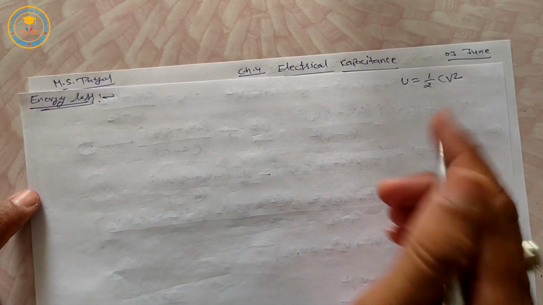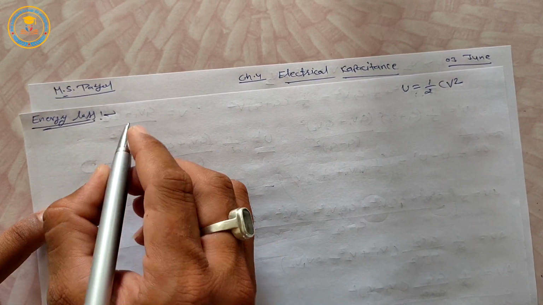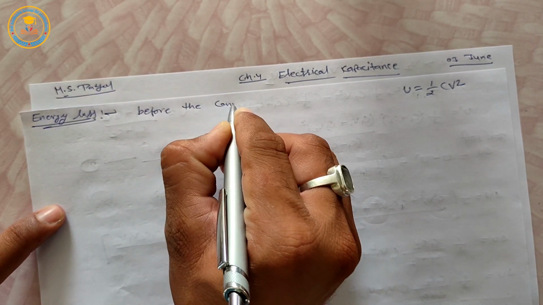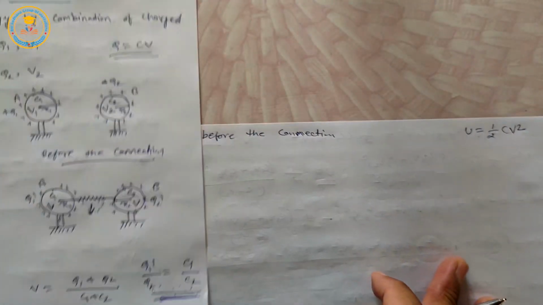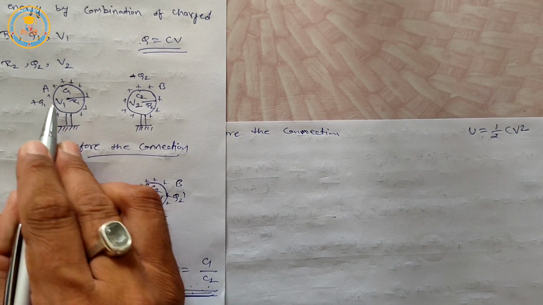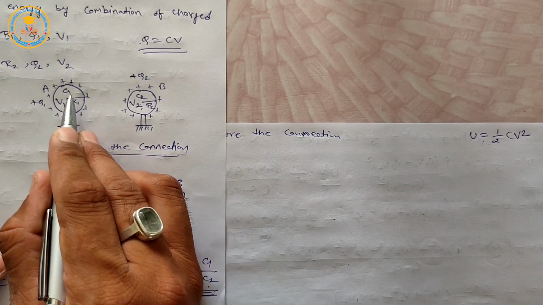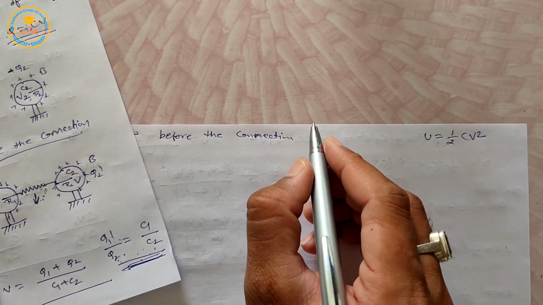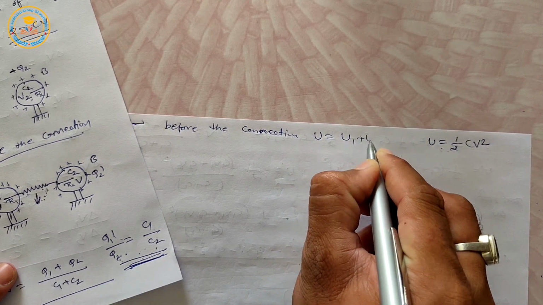According to this equation, the total potential energy of the system before the connection: the electric potential of conductor A is V1 and of conductor B is V2, with capacitances C1 and C2 respectively. Then the total electric potential energy U is equal to U1 plus U2.